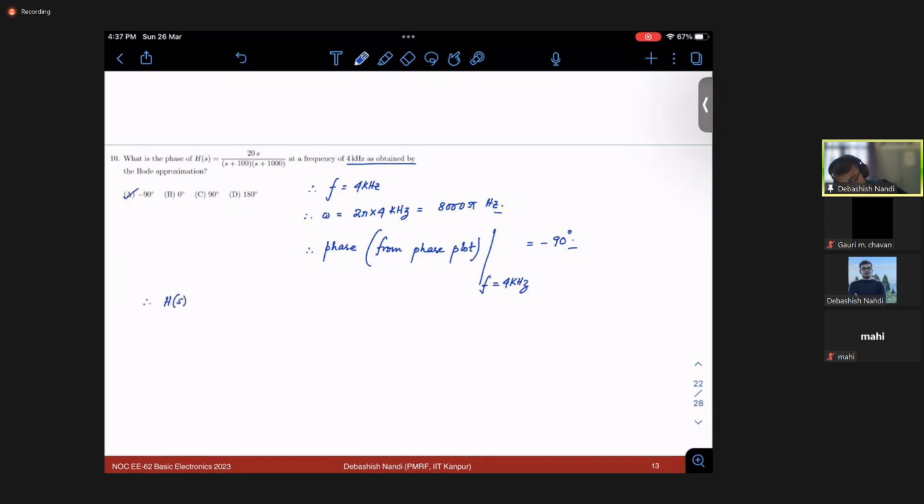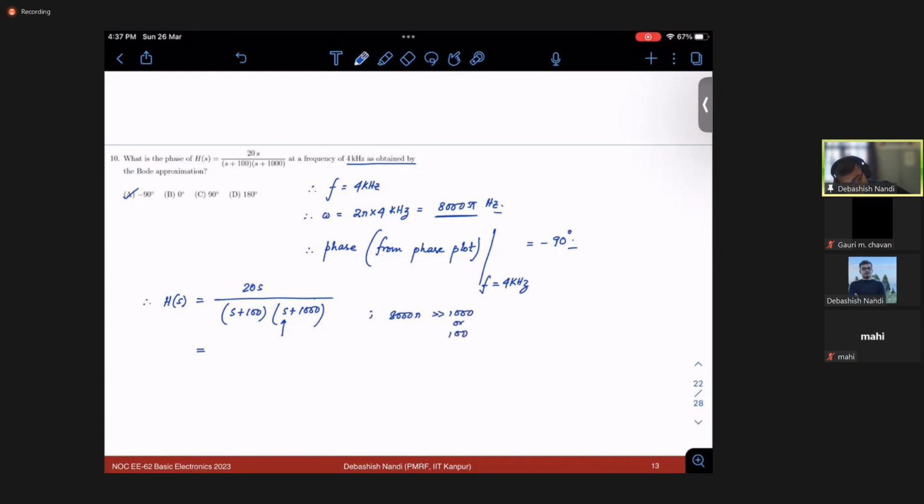This is your H(S), this is your 20S, this is your S plus 100 and S plus 1000, right? Simply you can see here S is 8000 pi, right? S means your j omega, right? Omega is 8000 pi. So 8000 pi is much more than 100 also. So your 8000 pi is much more than 1000 or 100, right?